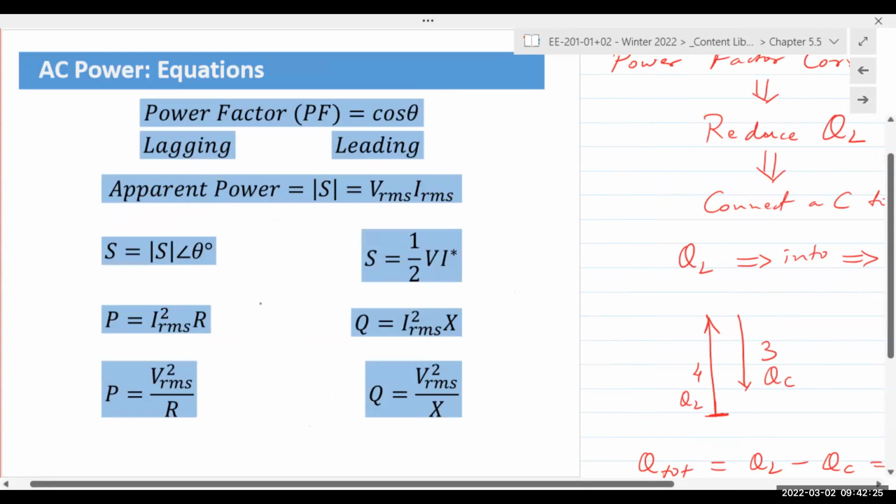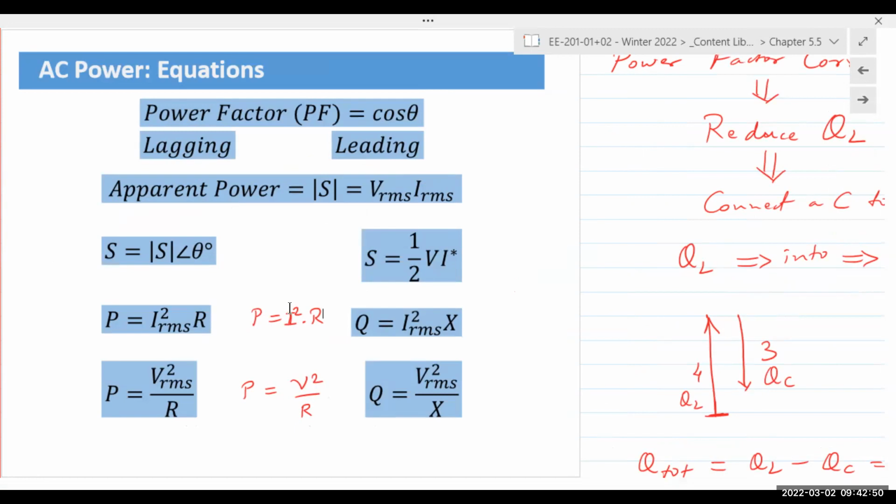These two equations, I squared times R, are basically the same equations that we used in chapters 1 and 2. And this equation right here on the left and right side is V squared over R. So I squared times R and V squared over R. Real power, P, so I square, of course, the RMS values times R, because it has to do with the resistance.